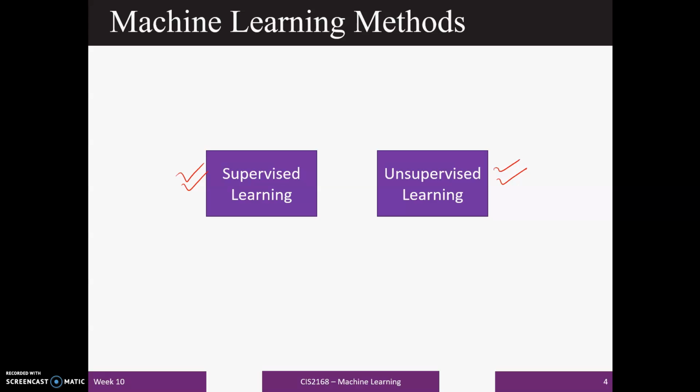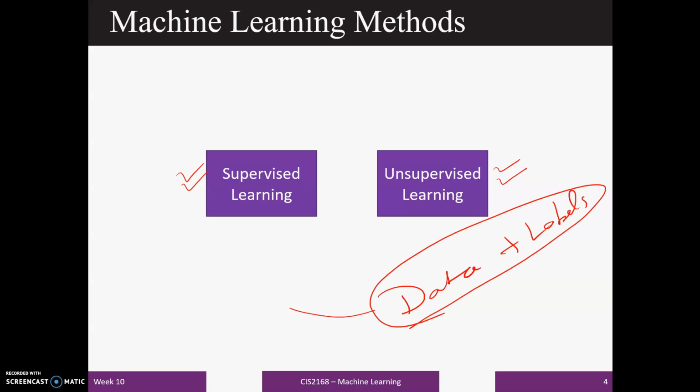Now how will you understand the difference between supervised and unsupervised machine learning methods? Where should you use supervised machine learning techniques? If you have data along with labels, then you should use supervised. If you have only the data but no labels, then you can use unsupervised machine learning techniques.